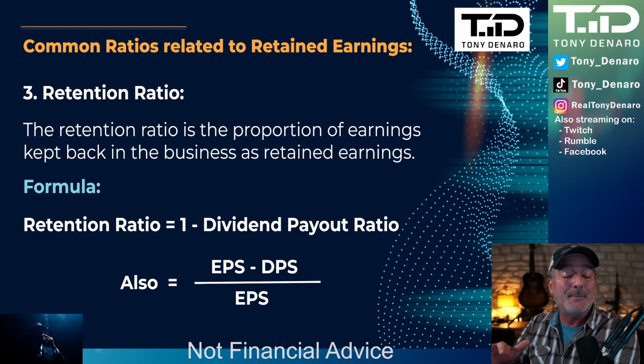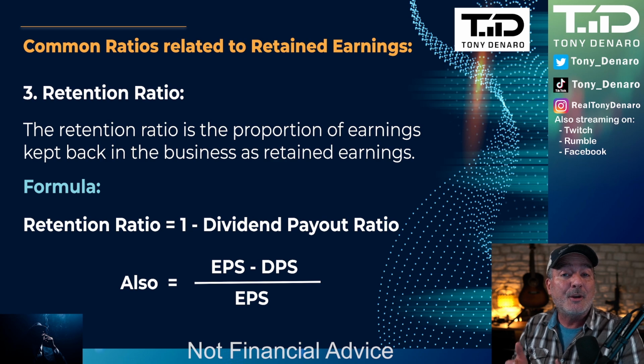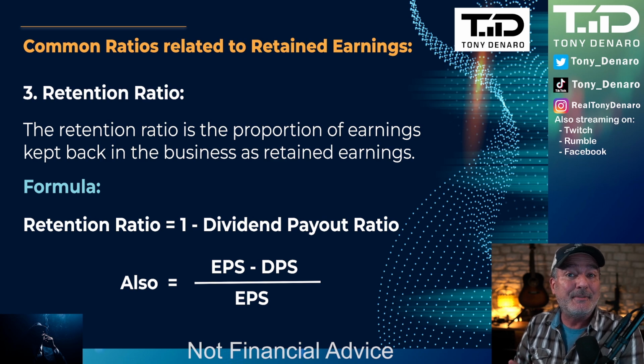We might have paid some of that out as dividends, and whatever is left, that proportion is the retention ratio. The formula for that is very easy. 1 minus the payout ratio that we just calculated in the previous slide. We could also look at earnings per share minus dividends per share, and then divide that result by earnings per share. So 2 ways you can calculate the retention ratio.